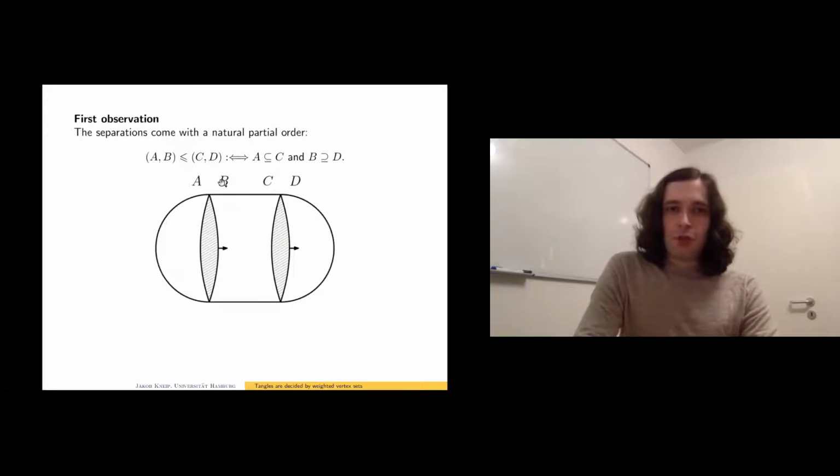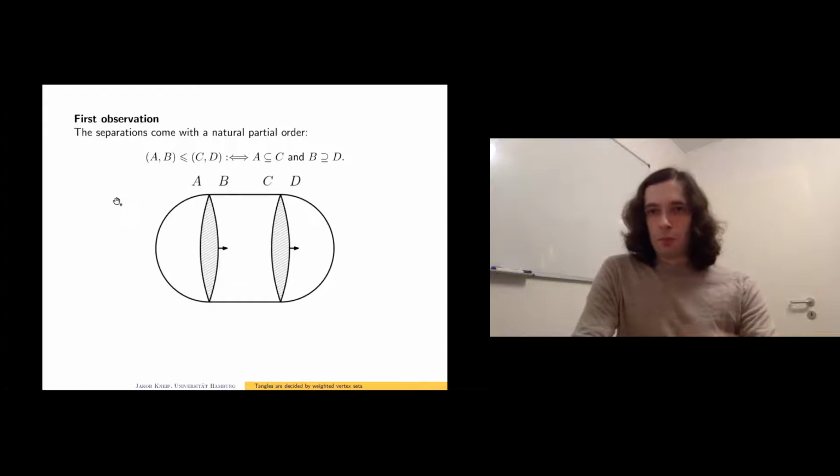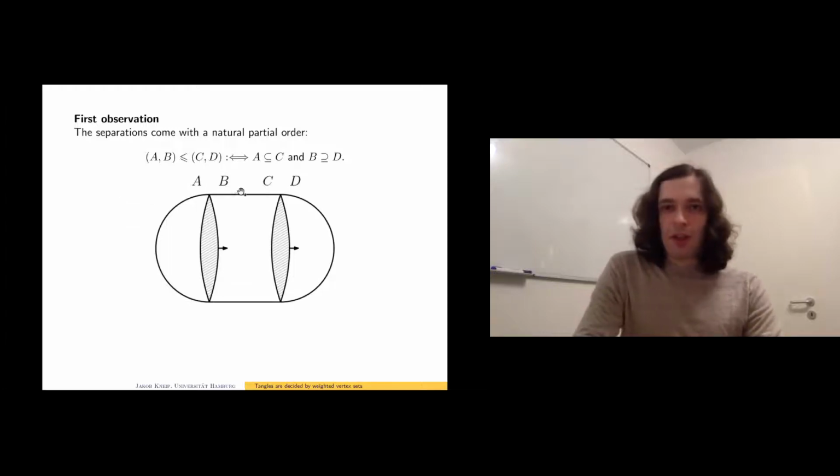If we have two separations A, B, and C, D, and the A side of AB is a subset of C, and the B side is a superset of D, then we say that AB is less than CD in this partial order. So if we think of these separations pointing to a cluster, then CD is maybe a bit closer to the cluster, and that's the larger one in the partial order.